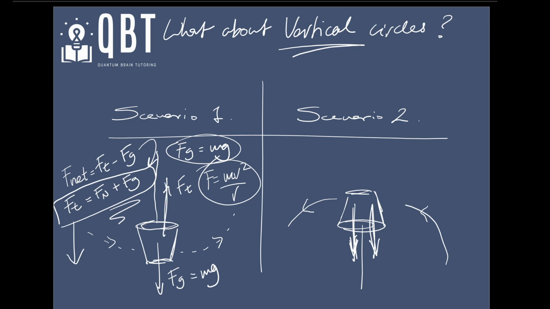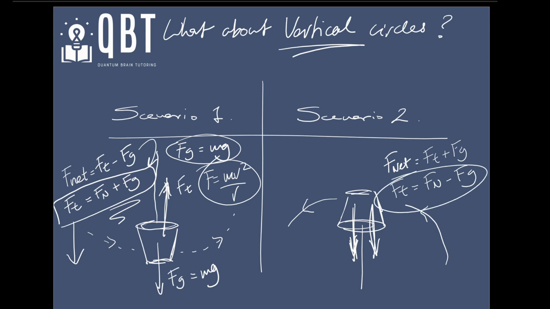That's why we have this in the situation on the left as well. So in this situation, F net doesn't equal Ft minus Fg. It actually equals Ft plus Fg, and then if we rearrange for tension, we see that Ft is equal to F net minus Fg.